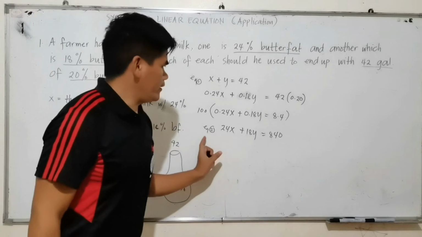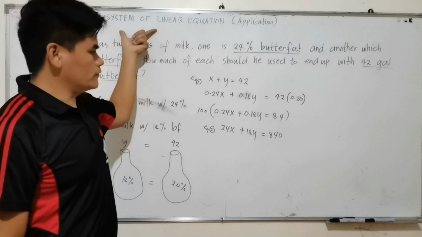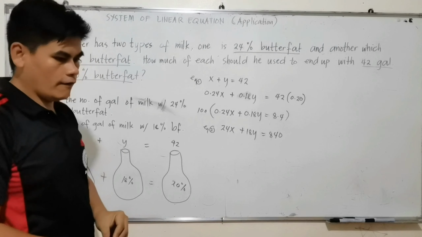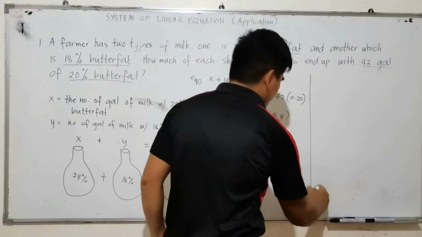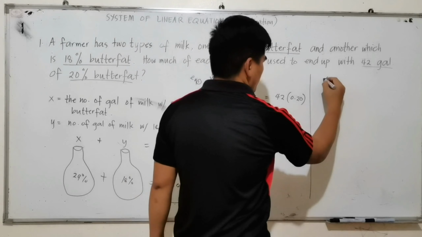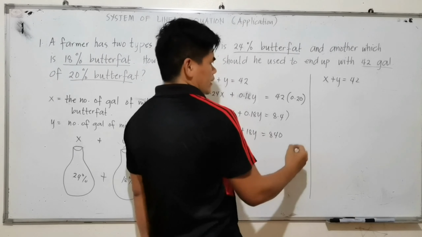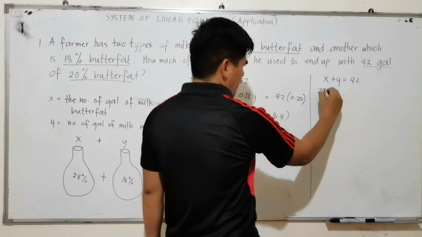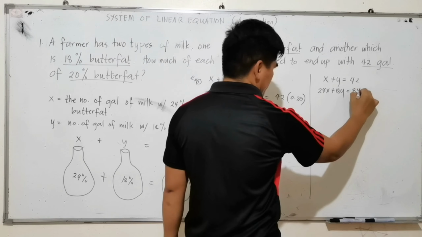So I have two equations, and now I can solve the system of linear equations. The first equation is X plus Y is equal to 42, and the second equation is 24x plus 18y is equal to 840.